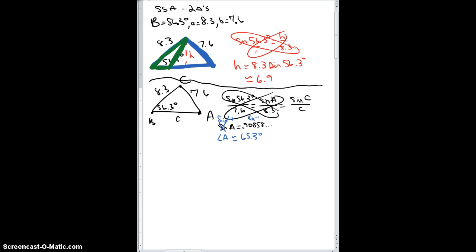Alright, so at this point, I need to get angle C. The nice thing is I know that angle A, when it's out here anyway, is 65.3 degrees. There's 180 degrees in a triangle, so I can just take 180 and subtract the two angles I know.